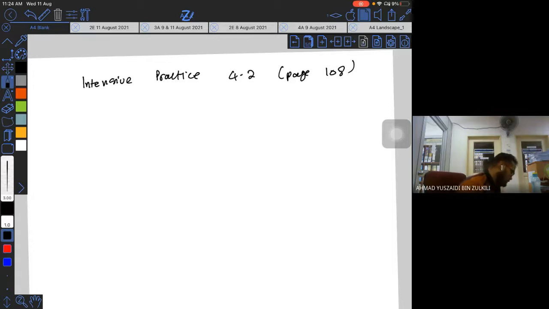The questions that you need to do are, simple, rationalize the fraction, question number 6, question number 7, and question number 8.